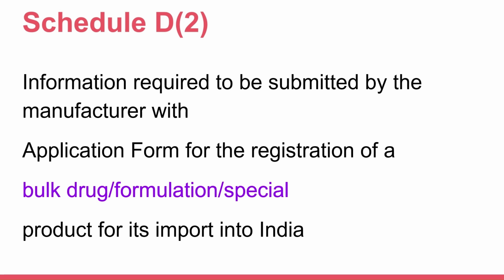Here, the difference is in Schedule D2, the application is for the registration of a bulk drug or formulation or special product, that is, for the import of bulk drug or formulation or special product. What kind of information has to be submitted, that information is mentioned in Schedule D2.